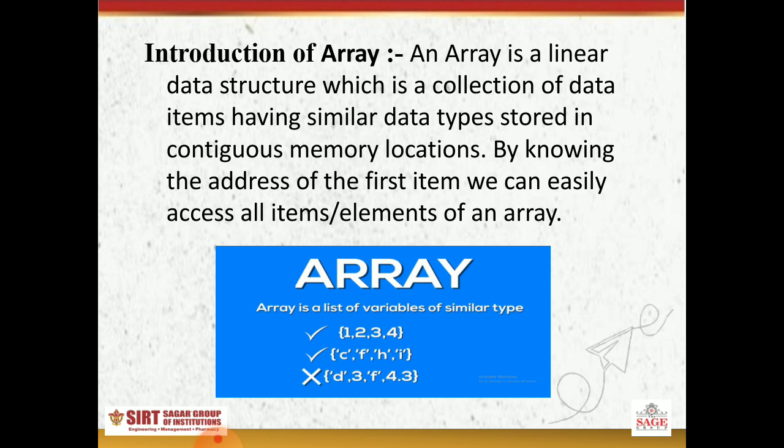But there is also one example: D and 3, F 4.3, a group of different type of data, that is integer, character, float. So we can't say this is an array because it's a different type of collection of data.